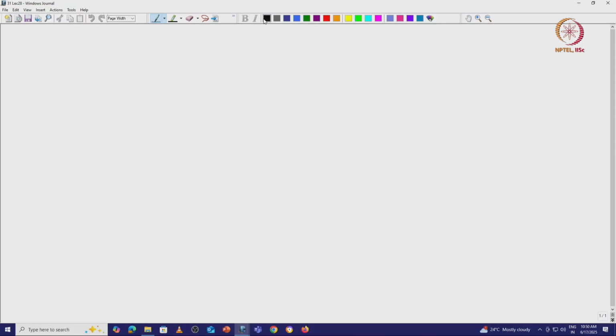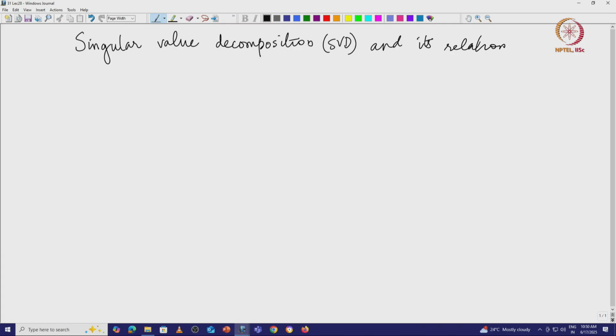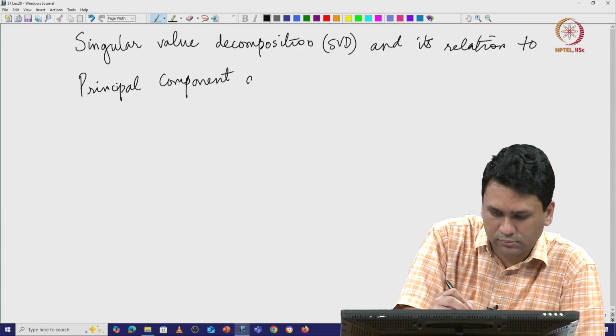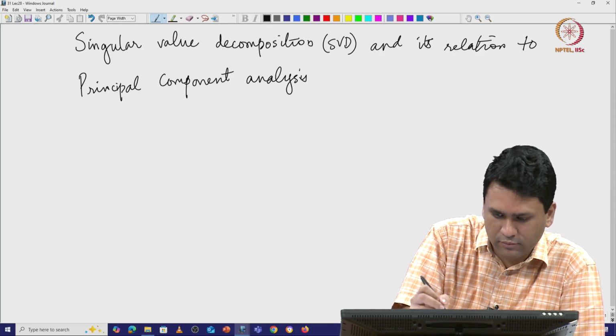Okay, so the topic for today is singular value decomposition, and how it ties into principal component analysis, which is PCA.